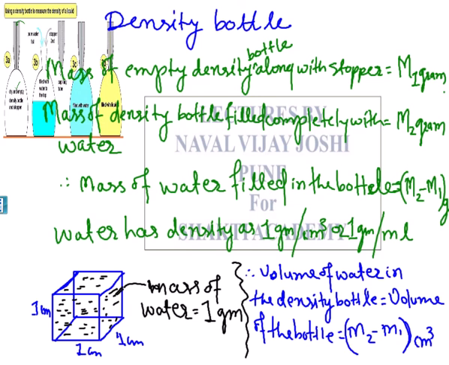Now remember, once you found the volume of that bottle using water, that volume is constant for any liquid. Now it becomes the volume of that container. By using this property of density of water, we found the volume of that bottle very easily, and it is equal to m2 minus m1, but the unit is cm cube.